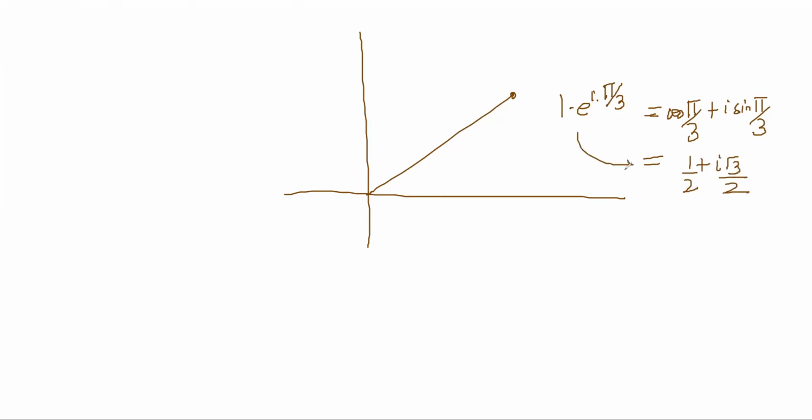These are the same complex numbers. Now if my z is equal to 1 e^(i pi by 3), what is the argument of z power 4? Z power 4 is e^(i 4 pi by 3).